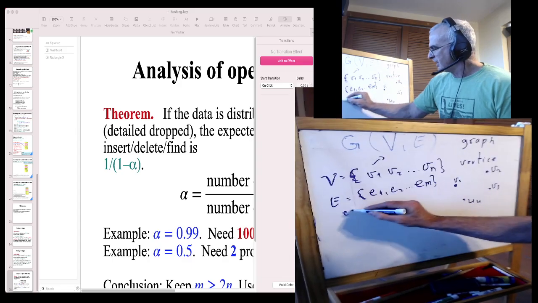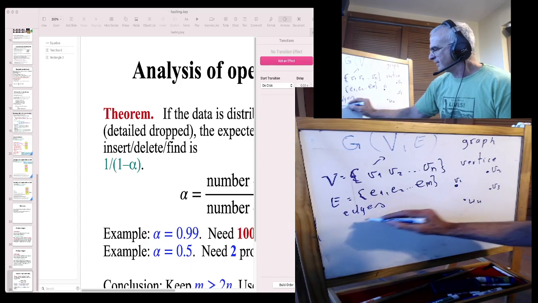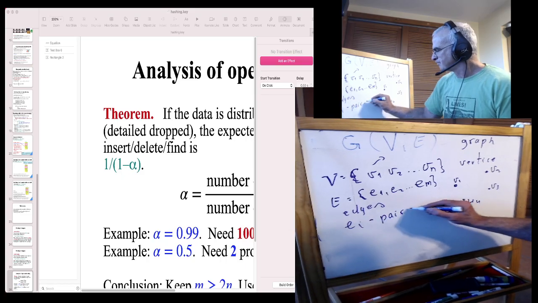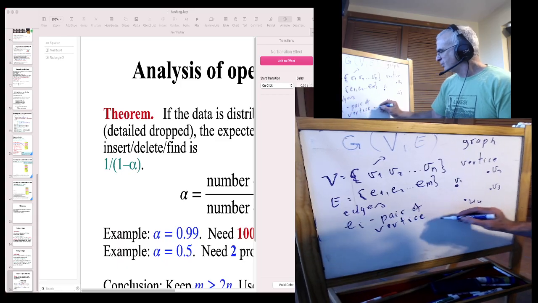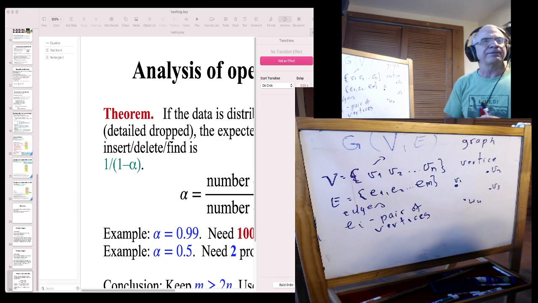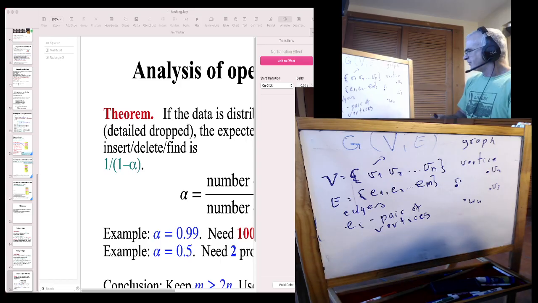These are edges in the graph, and every Ei is a pair of vertices, two vertices that are friends, Facebook friends.